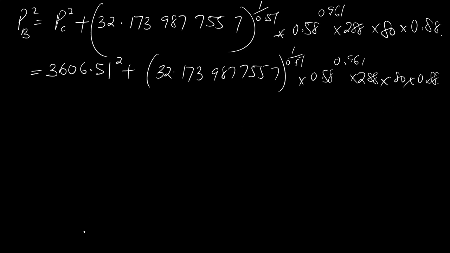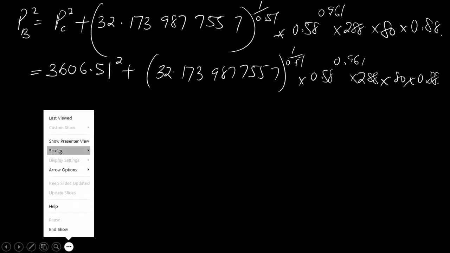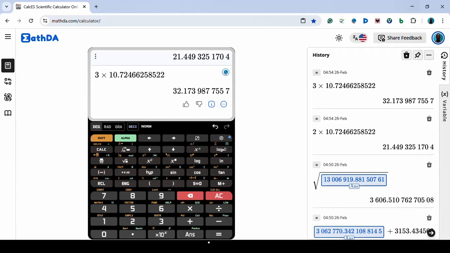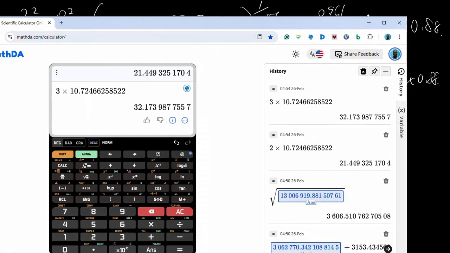So now let's make use of our calculator. Let me minimize this.